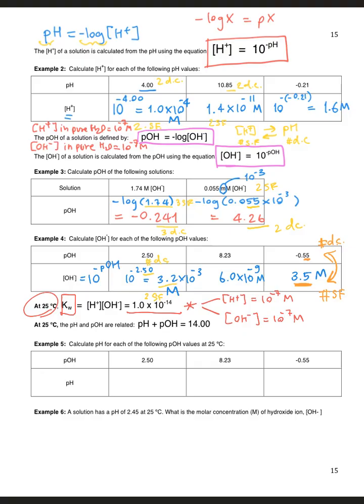So if you take the negative log of this Kw value, this is what you will get: pH plus pOH equals 14. Okay, so again, this relationship applies only at 25 degrees Celsius. At any temperature outside of 25 degrees Celsius, it will not work.